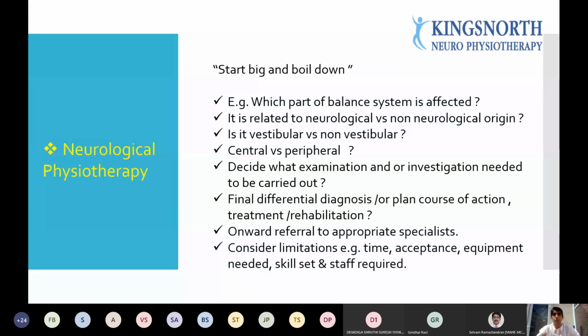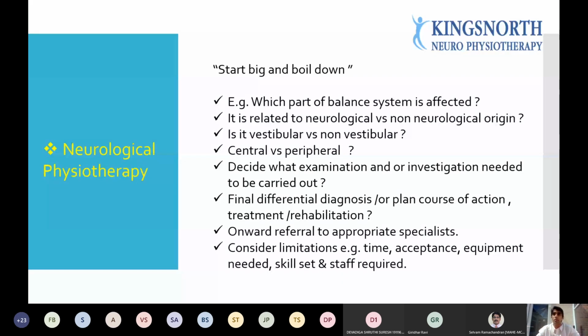As most of you are aware, the vestibular system is mainly focused in the vestibule in the ear, and the other is the central system, where we do particular specific tests to make sure we are separating those two, because the treatment for each is different.